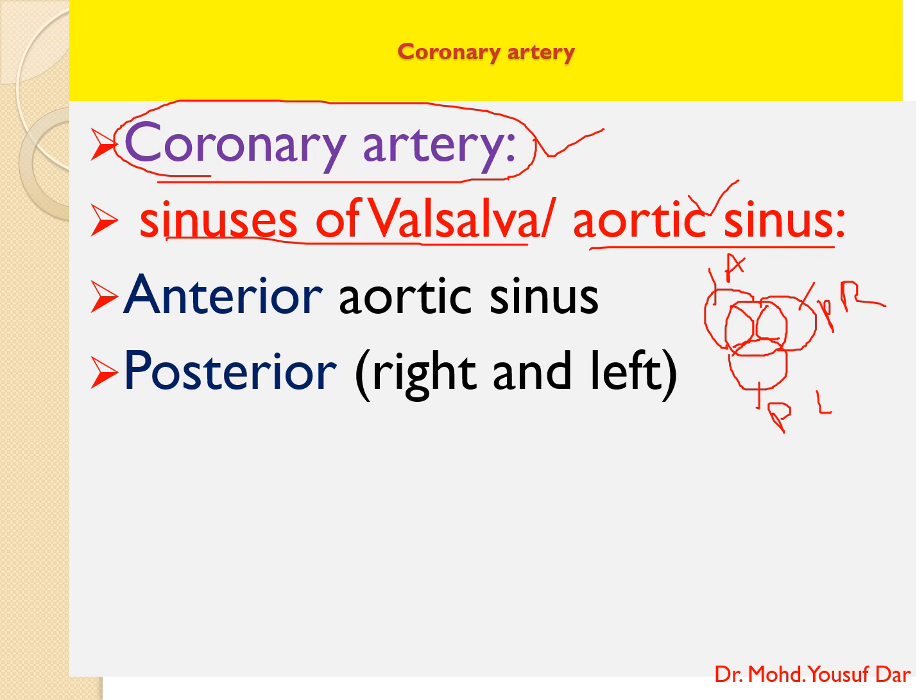So these are known as aortic sinuses or sinuses of Valsalva, which give rise to the coronary arteries. That means the coronary arteries arise from these aortic sinuses: the anterior aortic sinus and the posterior aortic sinuses. The posterior are two in number, one right and another left.